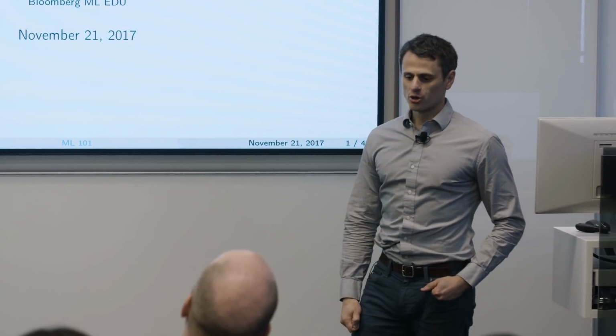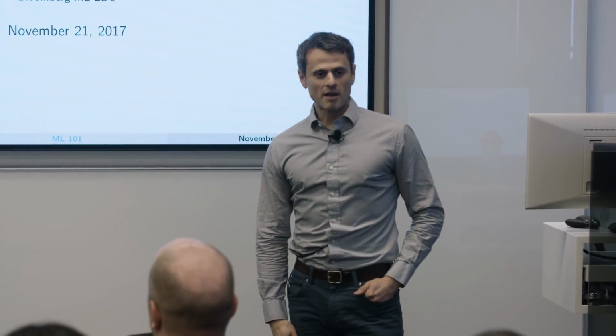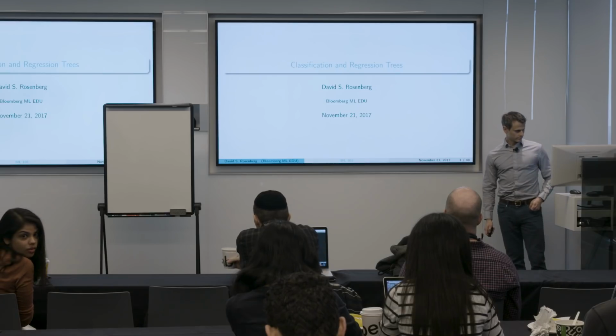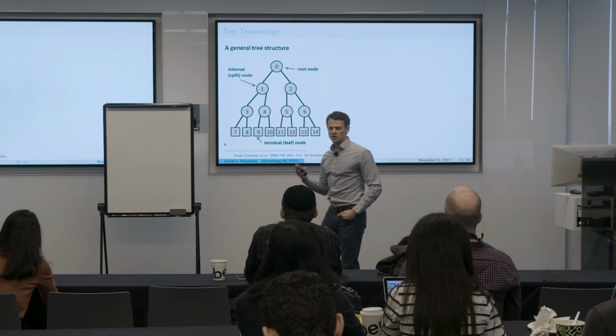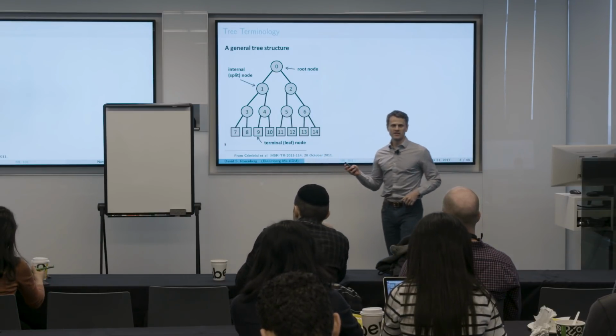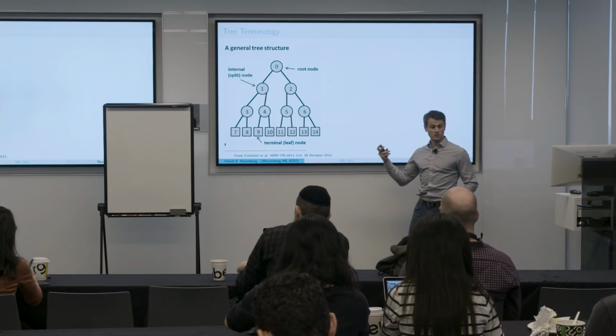All right. So the nonlinear method at the core of all the methods for today is the tree. And we'll start with a discussion of classification and regression trees. So trees. Let's do a little vocabulary first, just to get a rough idea of the structure of a decision tree.